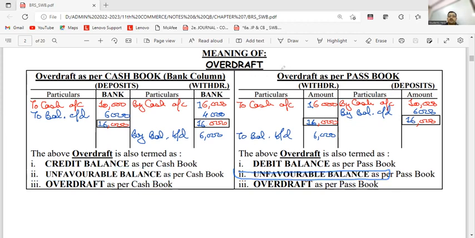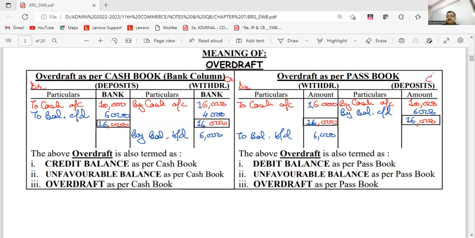Understood? So in the passbook, on the debit side, if we see brought down, it means we are the debtor of the bank. In the cash book, if we see on the credit side by balance brought down, it means the bank is our creditor. The bank is our creditor and we are the bank's debtor. So passbook debit and cash book credit mean one and the same thing.